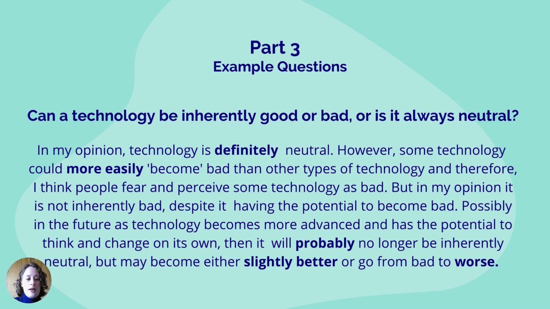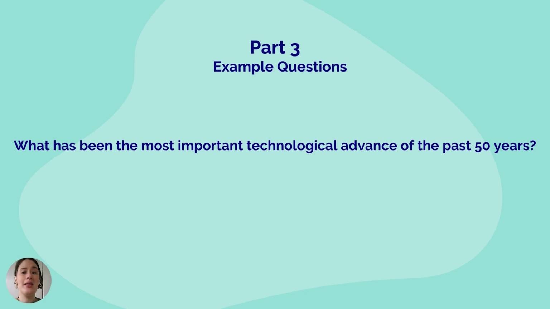But in my opinion, it is not inherently bad, despite it having the potential to become bad. Possibly in the future, as technology becomes more advanced and it has the potential to think and change on its own, then it will probably no longer be inherently neutral, but may become either slightly better or go from bad to worse. Now, let's take a look at another question.